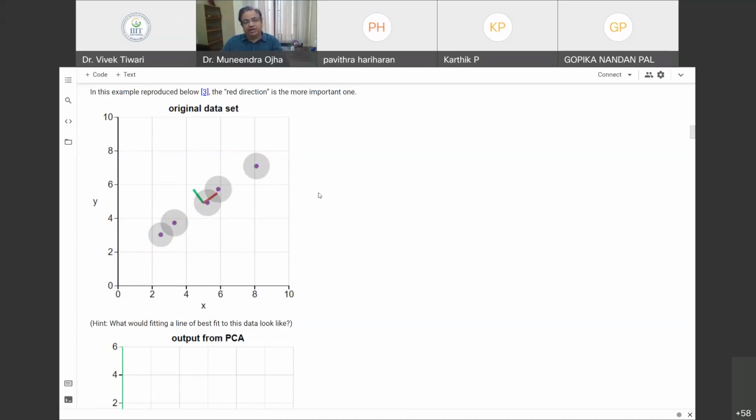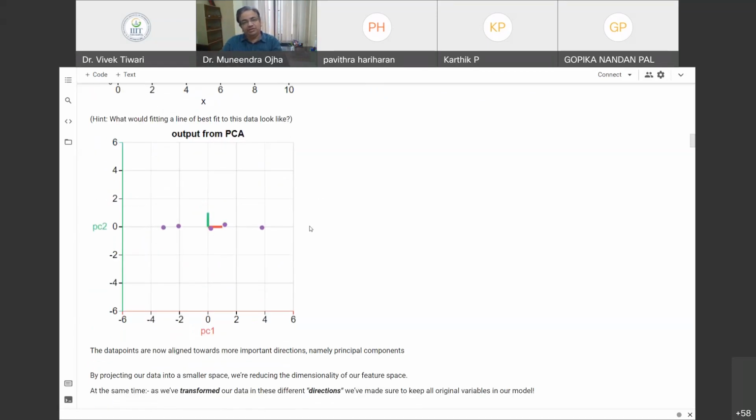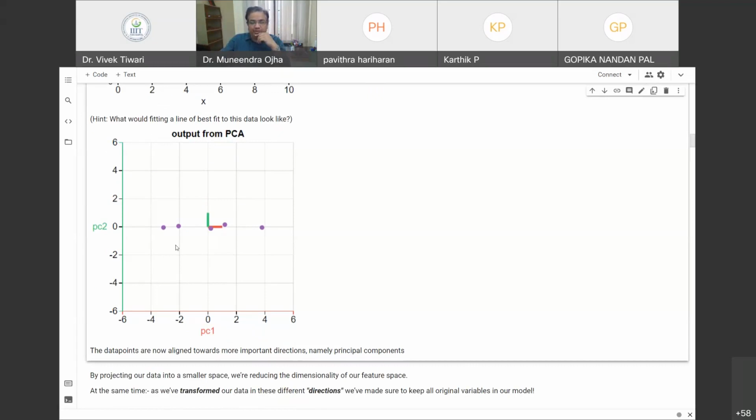However, when you change the dimension, how are we changing the dimension? We are projecting our data onto those directions of the eigenvectors. So after this, a new coordinate axis is created, in which the x-axis, you see, becomes principal component 1, the principal direction of maximum variance. This becomes the first direction.